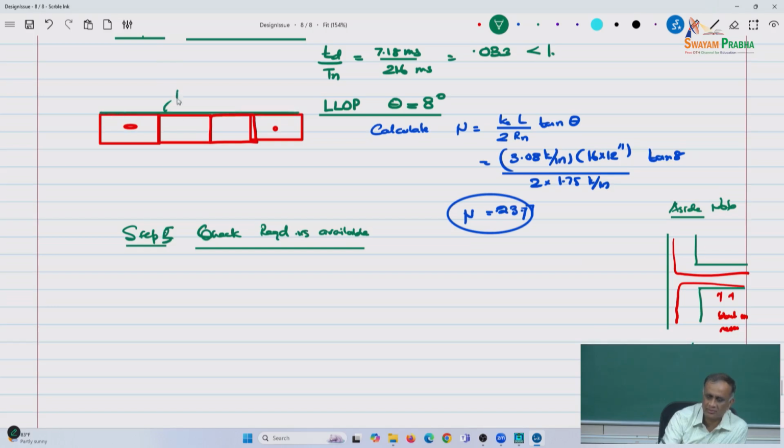This could be an FRP sheet. I'd recommend an FRP sheet at the back. That way we are still reinforcing it. So this is your reinforcement. This is non-grouted, but this is grouted.